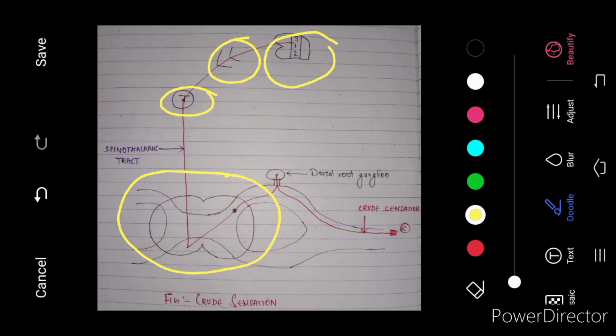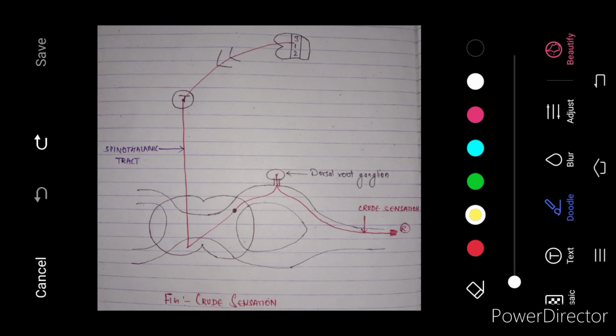As we have already studied, the gray matter of the spinal cord lies in the center. This one is the gray matter, and the white matter lies at the periphery of the spinal cord.